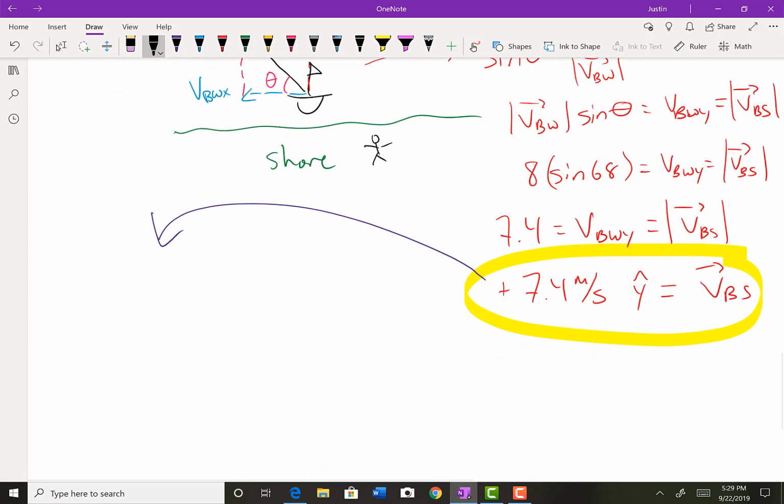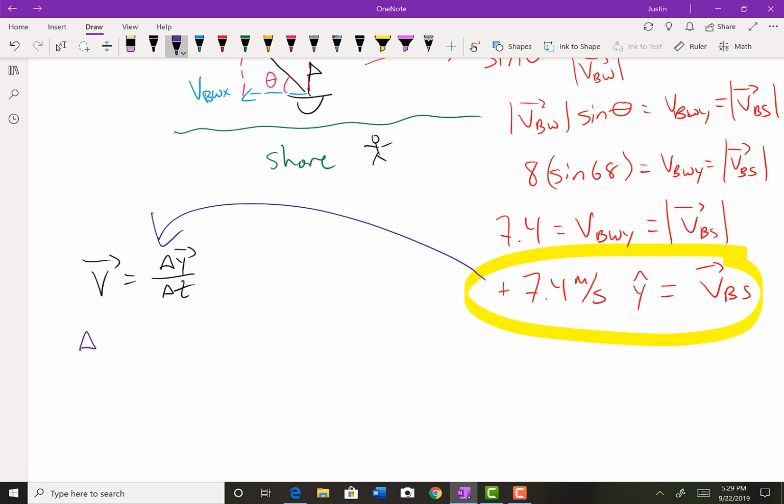So again, we can use that definition of velocity. Any velocity is equal to the displacement over time. Solving for time, we're going to get the displacement, and if you guys want to, we can call it delta y. No, let's call it delta y because it's different.